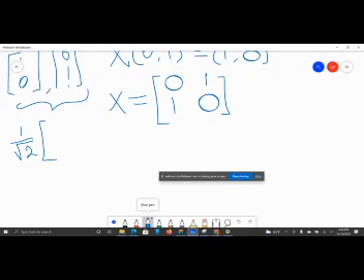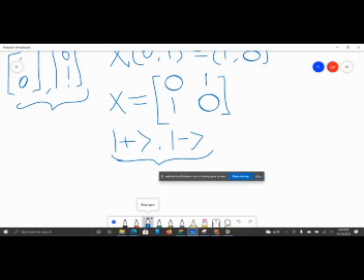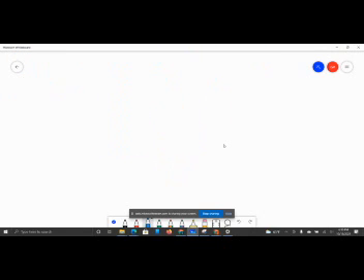You know, another one is 1 over root 2 times 1, 1, and so on. So these are referred to as the plus minus states. I don't want to confuse you with some more vectors, but the important point is that these are also basis vectors, and the way you would flip these vectors between each other, the same matrix would not do that. Okay, so here's just a quick note on linear operators and their composition.